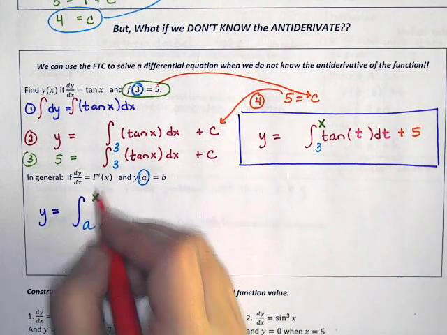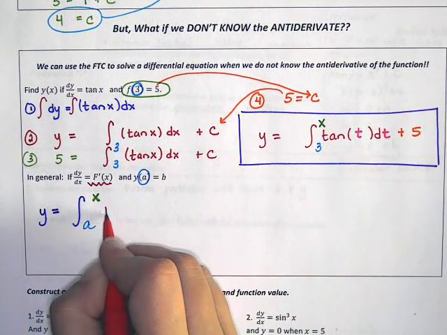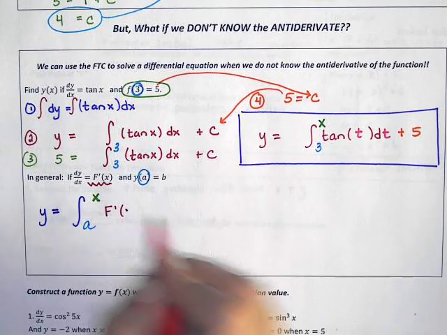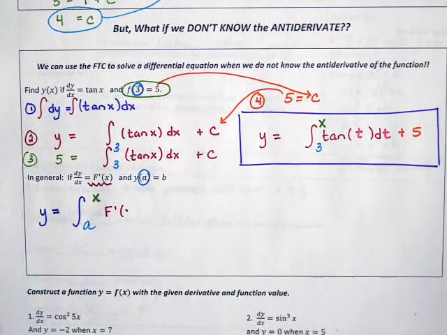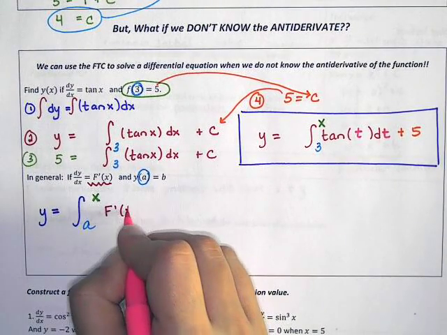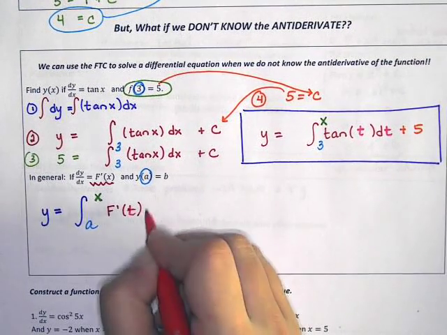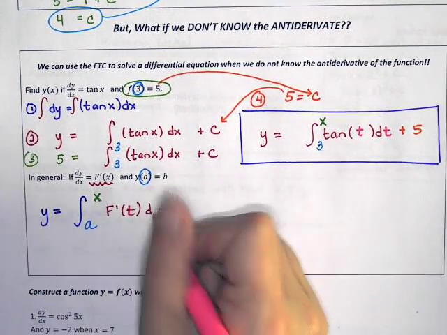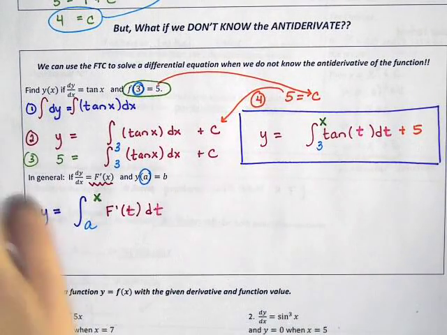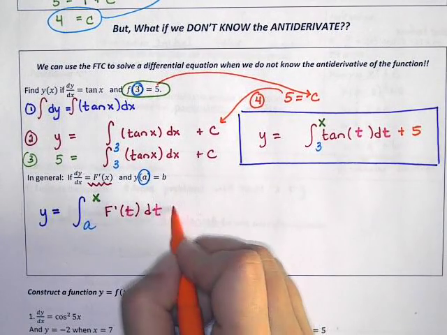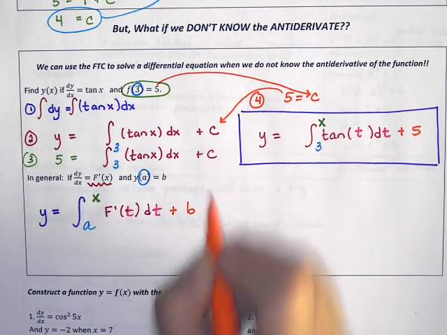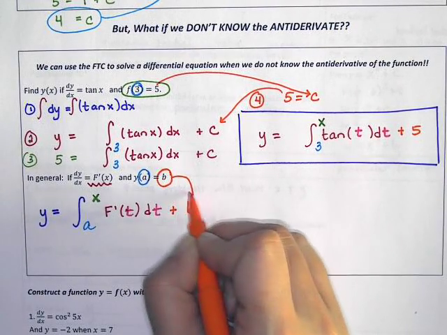You're going to put your derivative function inside there and change the variable to a t, because we can't use x's in two places in the same problem. Plus, because this integral is going to cancel, your c value is always going to match your b value.